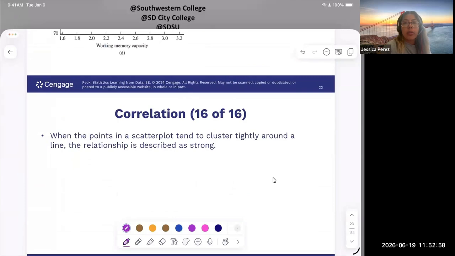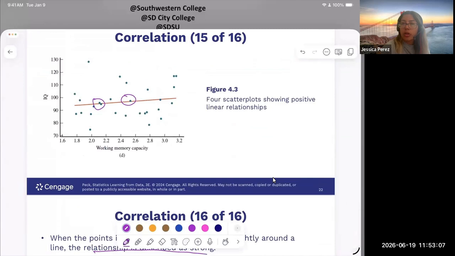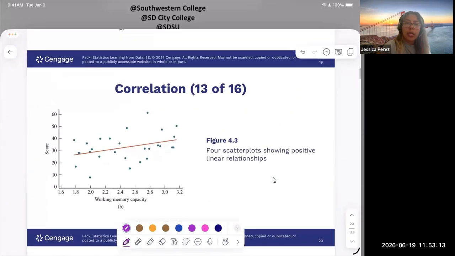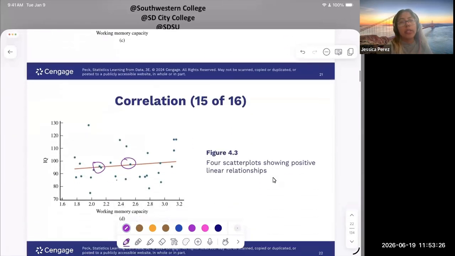When the points in the scatter plot tend to cluster tight around the line, then we say that the relationship is strong. Here, notice that the relationship is not that strong because it doesn't touch a lot of the points, D or C or B, but A does. A is better because the points are clustered towards the line. If they are clustered close to the line, that makes a linear correlation stronger.